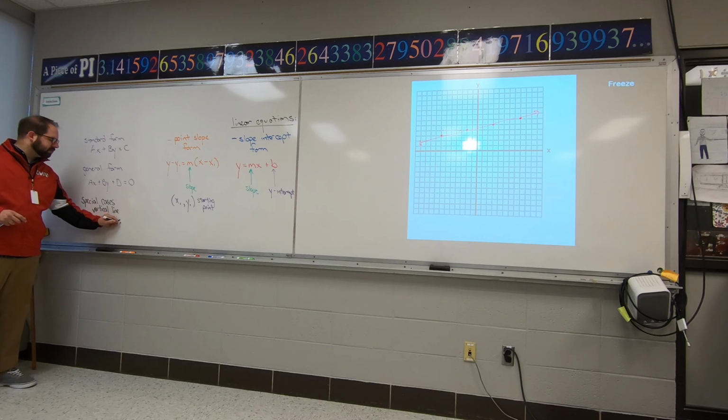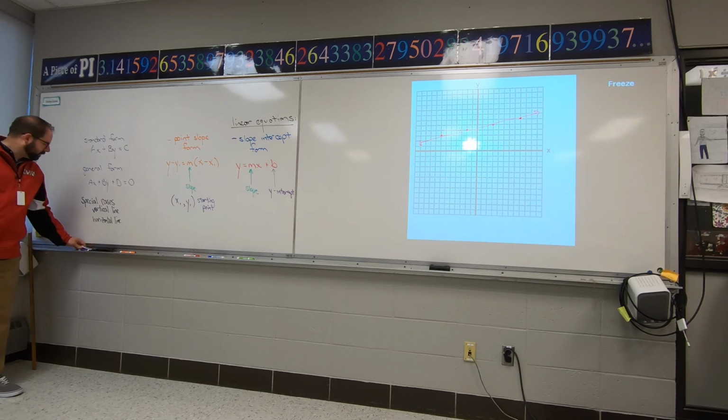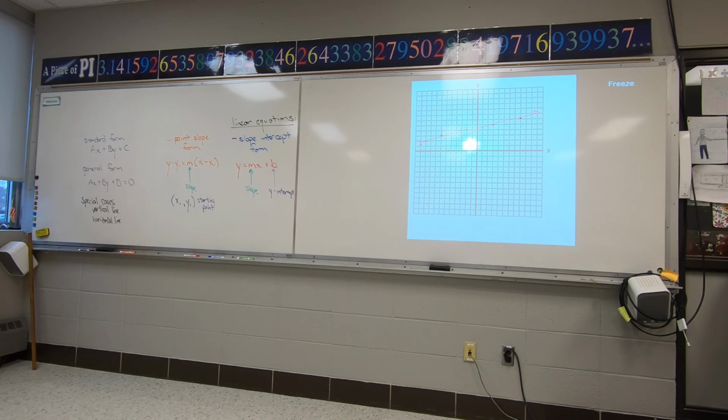They have a very weird looking formula compared to the others. All the others have 2 variables, but special cases only have 1 variable, like just an X or just a Y. I'm going to save those for later.